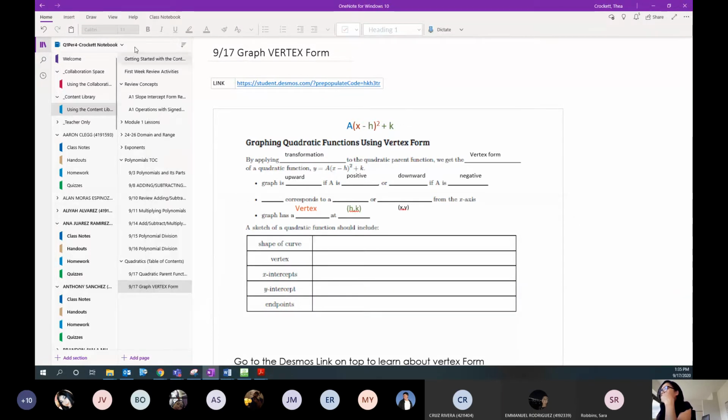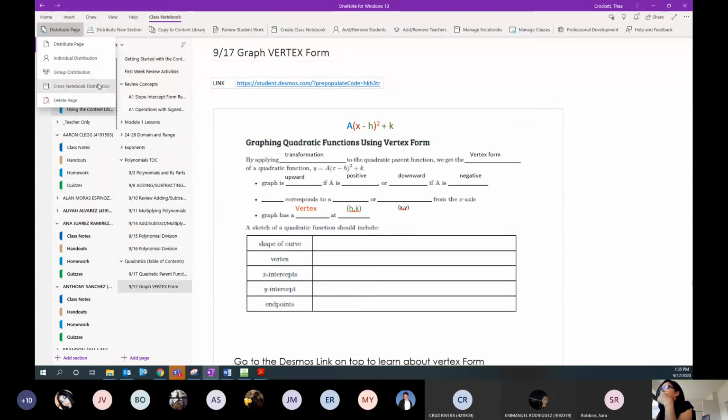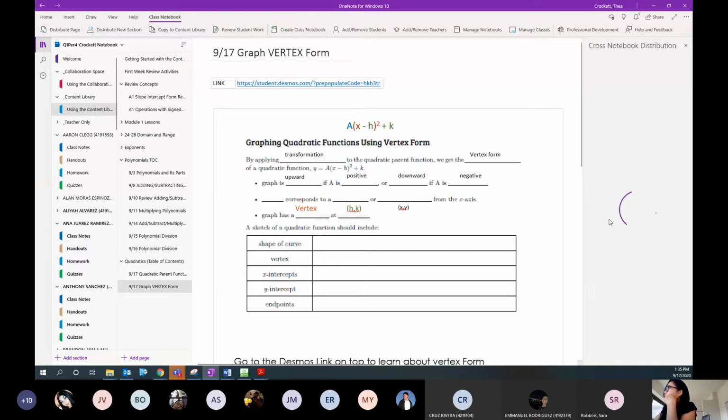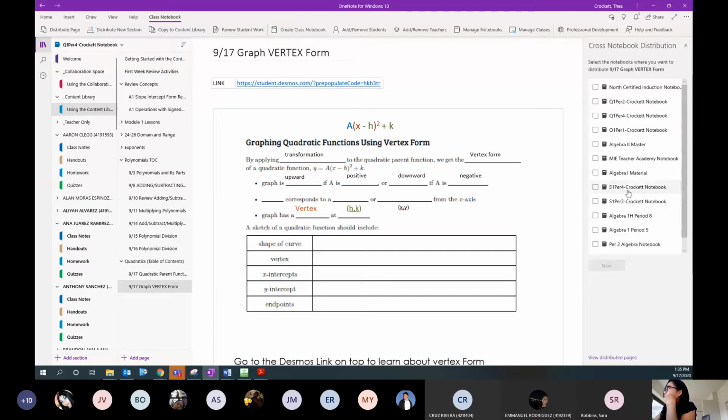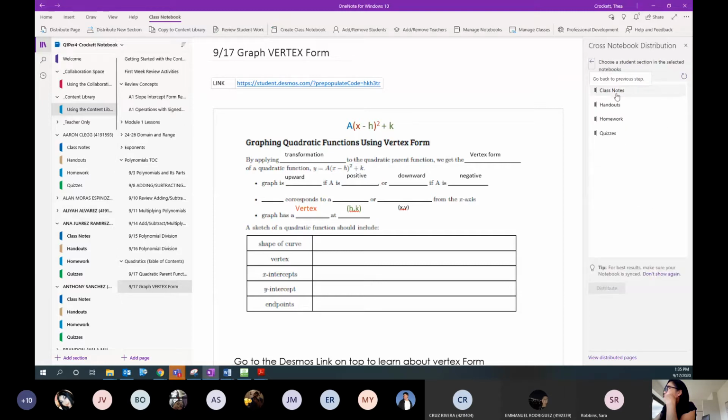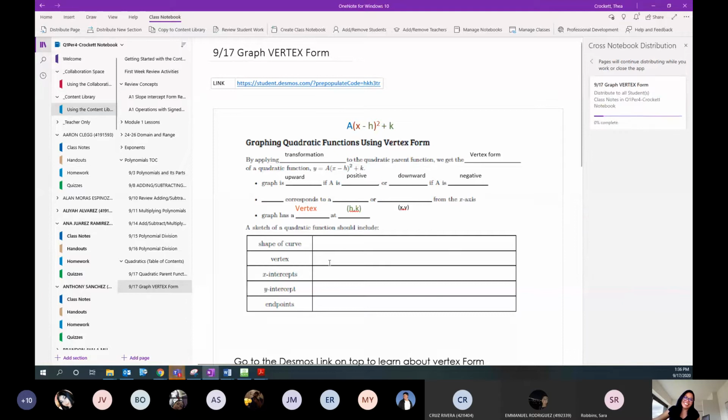I'll distribute this. So if you're those 2 students that didn't have it, that has 2 pages, just delete one of them.